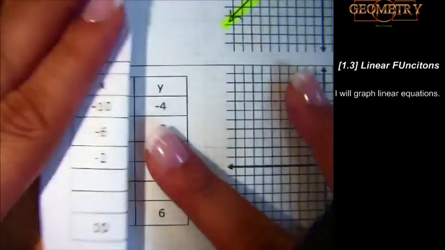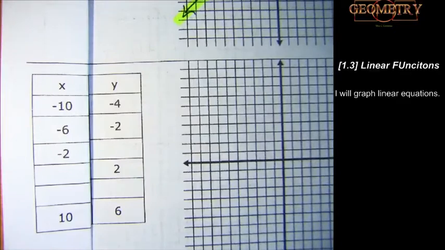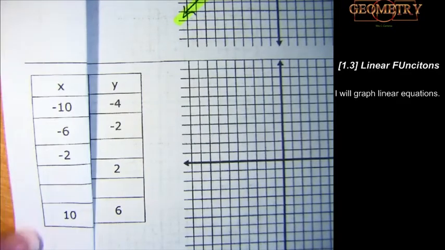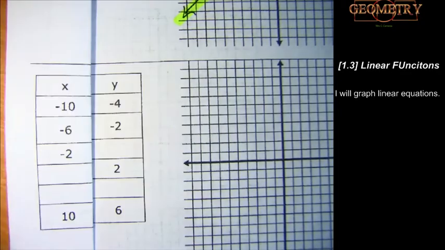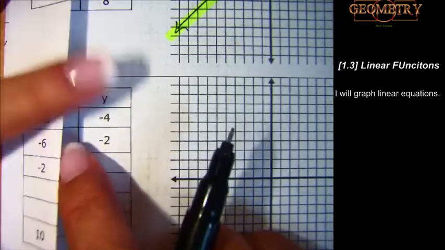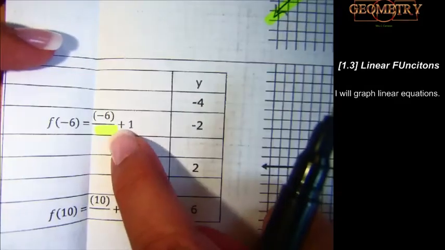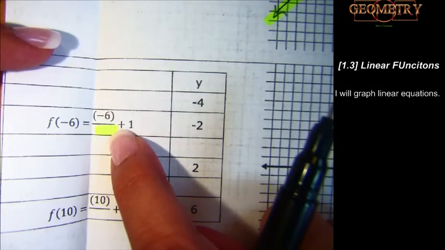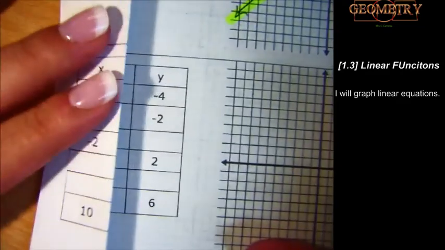My table is populated with some values of x and y, and I can use that to draw the graph. Because once I have the picture, I'm able to read off the rise over run, the slope. And from there, I can fill in this, because that's part of my slope information. I'll show you how that happens here in a second.